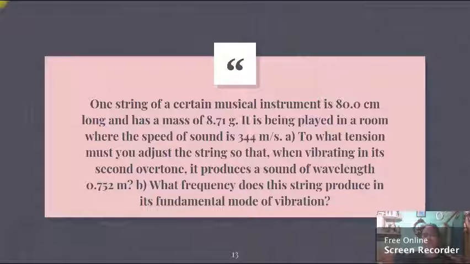So in this problem, we need to find the tension wherein it will produce a wavelength of 0.752 in the second overtone. And we also need to find the frequency that it will produce in its fundamental mode of vibration.